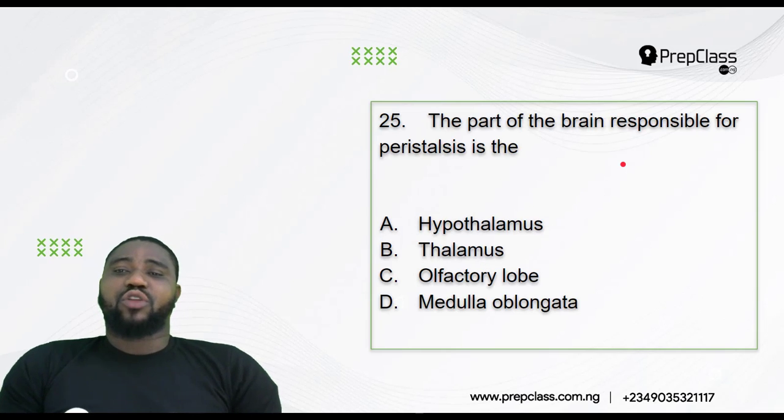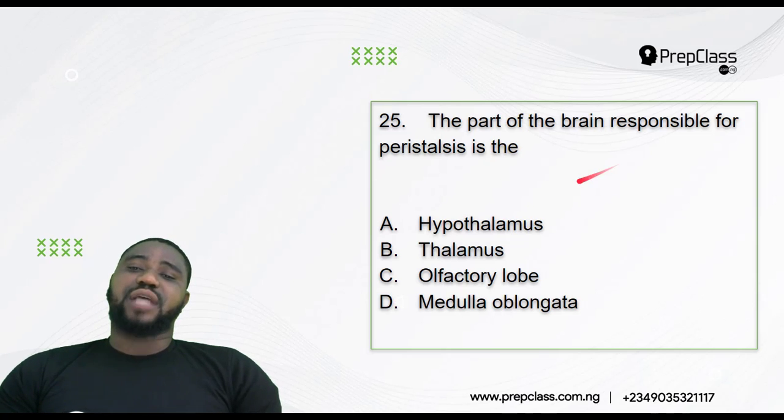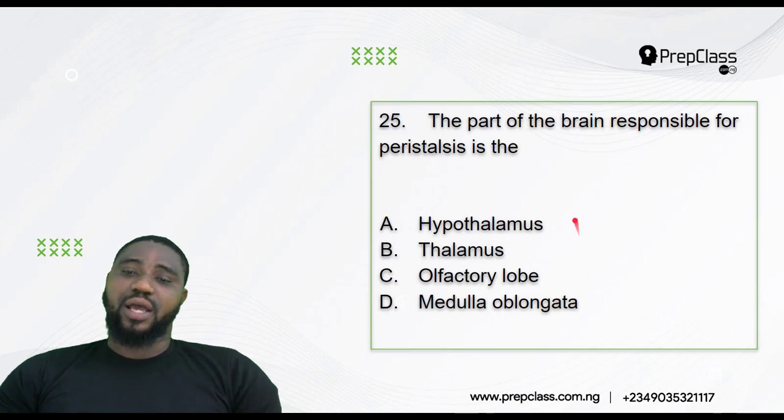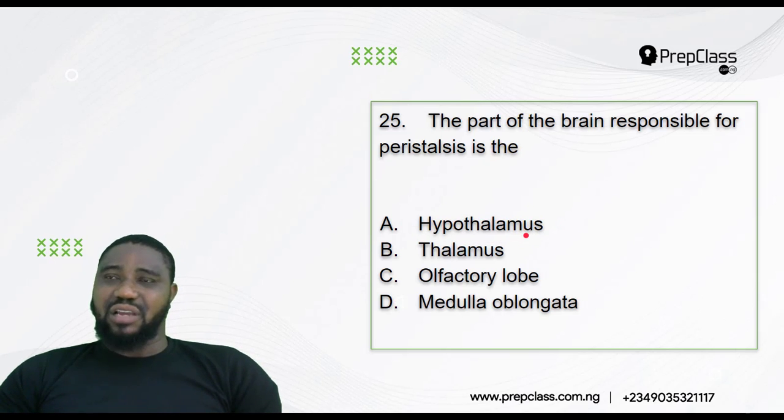25. The part of the brain responsible for peristalsis, is it the hypothalamus? Is it the thalamus? Is it the olfactory lobe? Is it the medulla oblongata? The hypothalamus is found in the base of the forebrain, the cerebrum. I think the hypothalamus is the site for tastes, hunger, emotional feelings like love, anger, hatred.